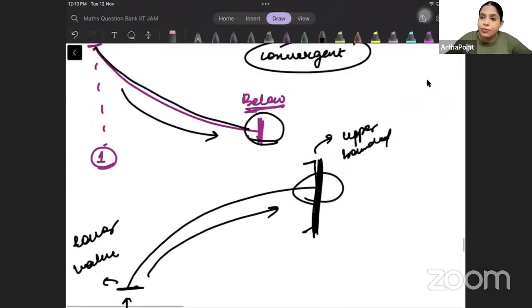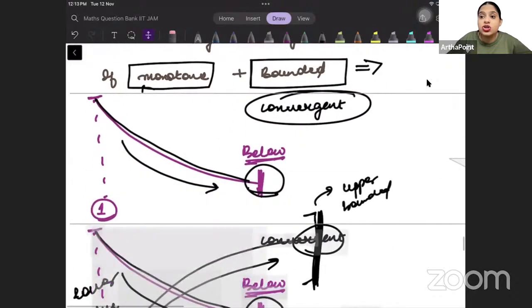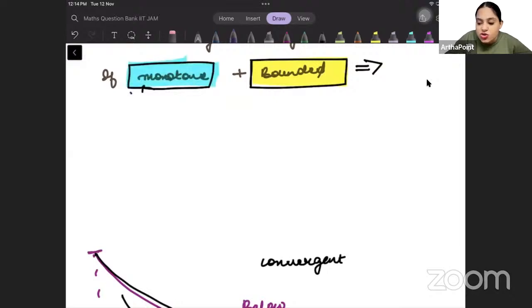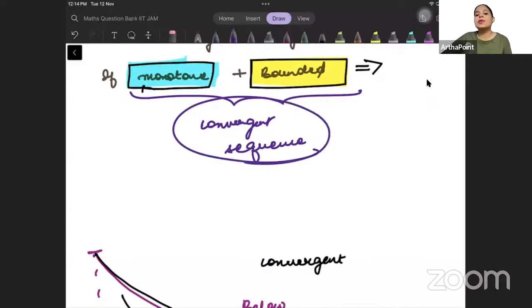This is important. Sometimes if I want to check if a sequence is converging or not, what I can check is whether it is bounded plus whether it is monotone. If these two things are satisfied, then automatically the sequence will be a convergent sequence.